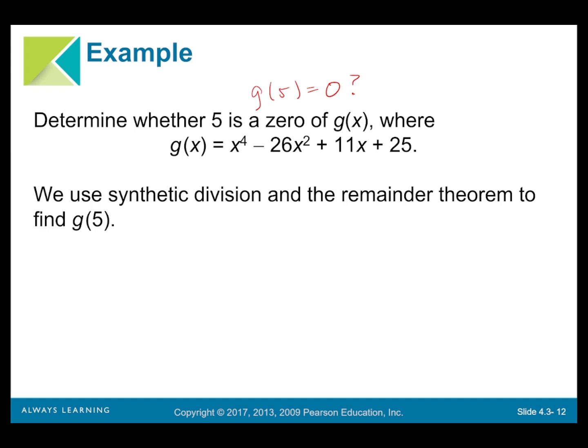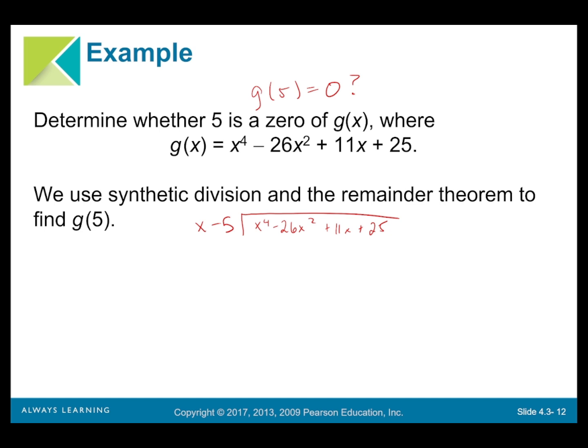Well, we could use the division and remainder theorem by trying to figure out if x minus 5 goes into x to the 4 minus 26x squared plus 11x plus 25. But instead of doing long division, we could do synthetic division instead.